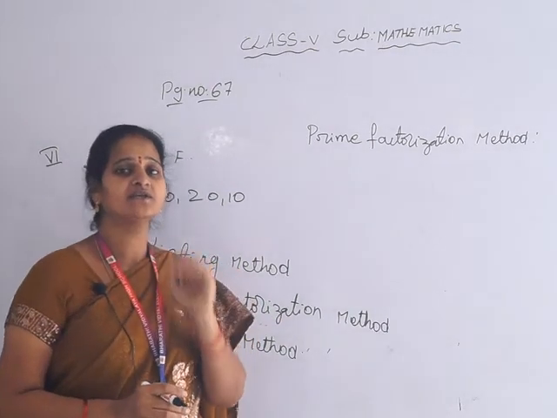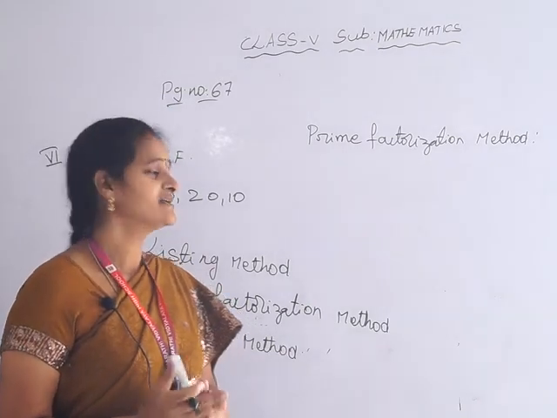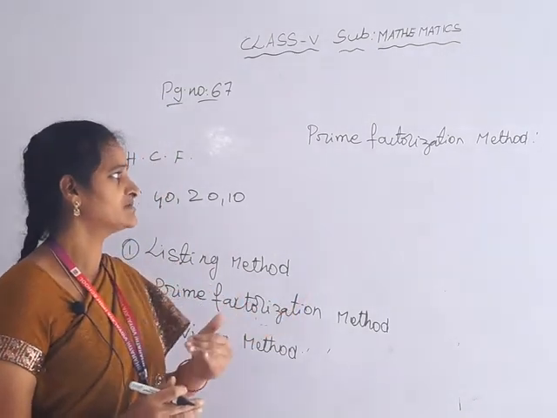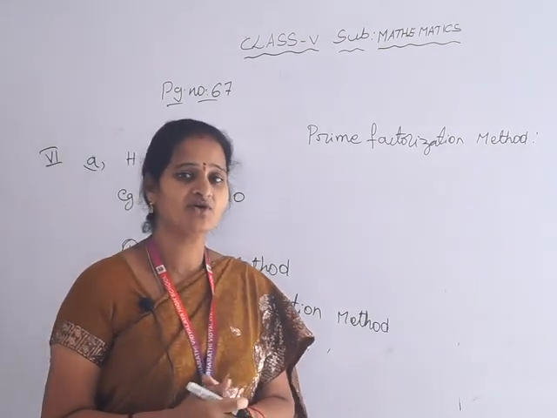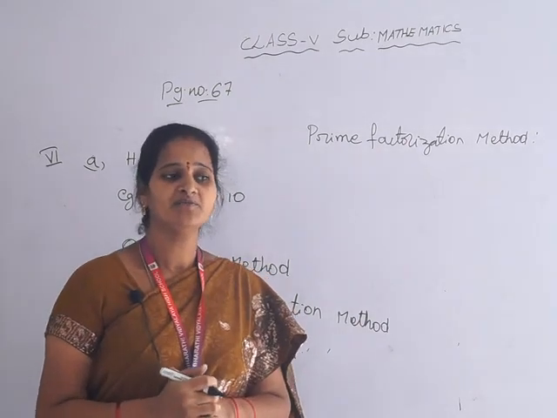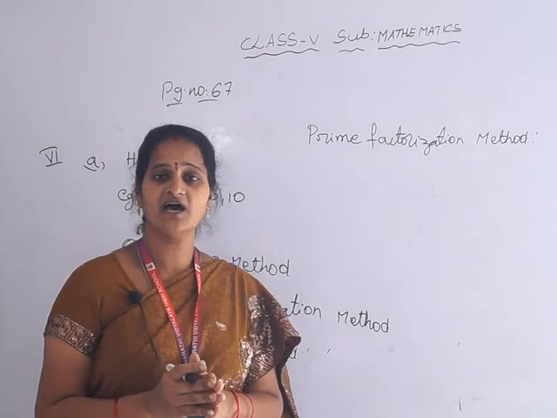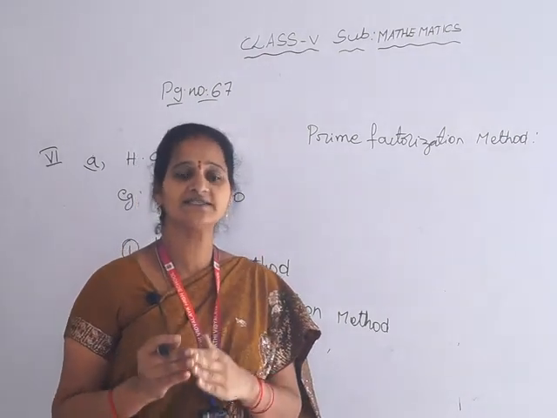That means we should use only prime factors, which are called prime numbers. You have already learned that prime numbers are numbers that have only two factors, 1 and itself.